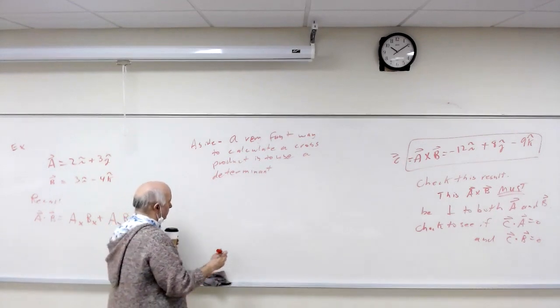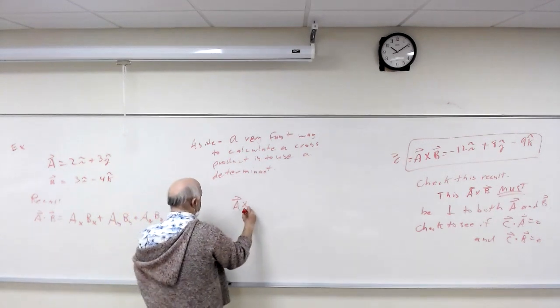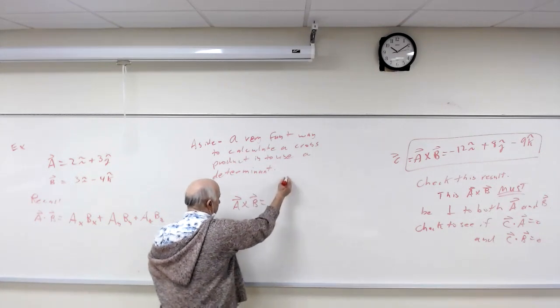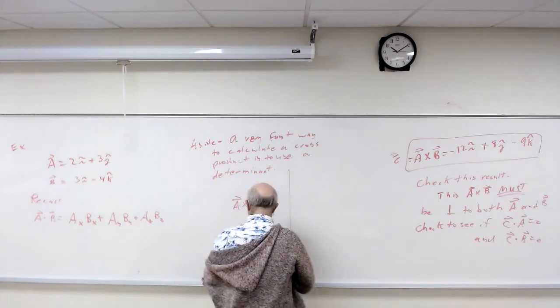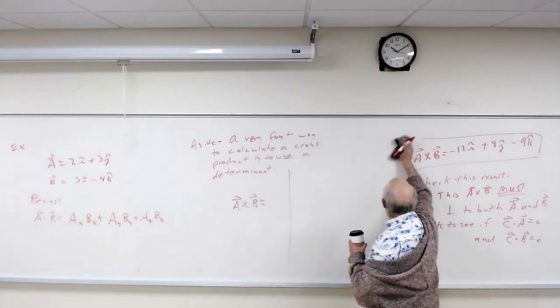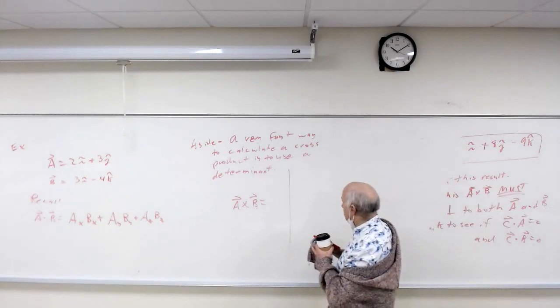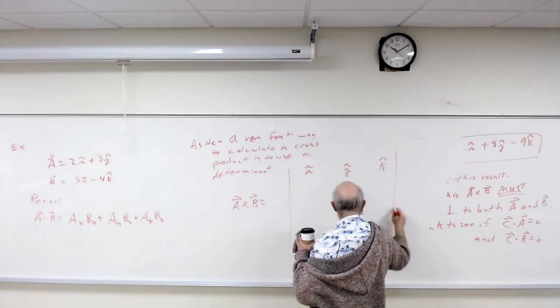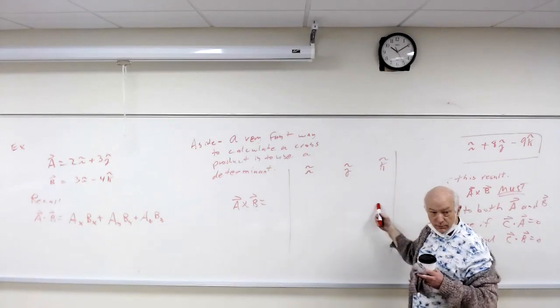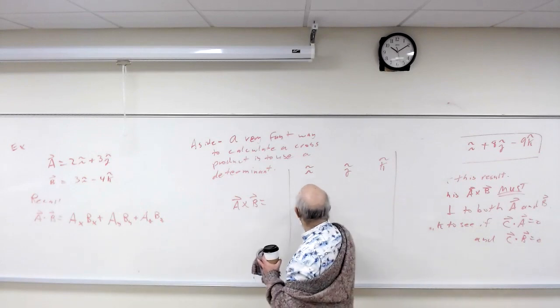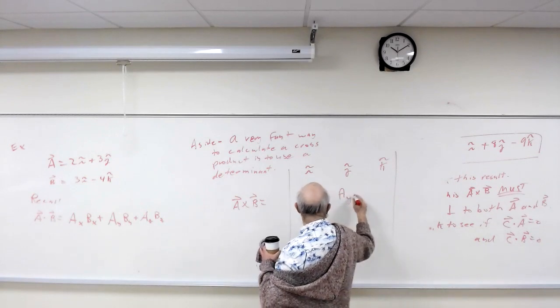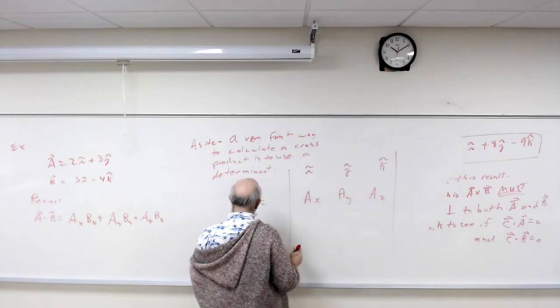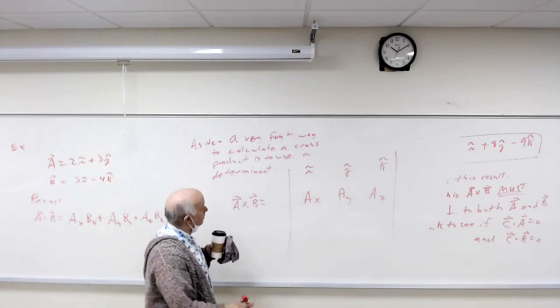I'll show you how this goes. Let's get A cross B. This is the determinant. For those who have seen it, what's on the first line? i, j, k. Then here are all the components of A. Then down here, all the components of B.